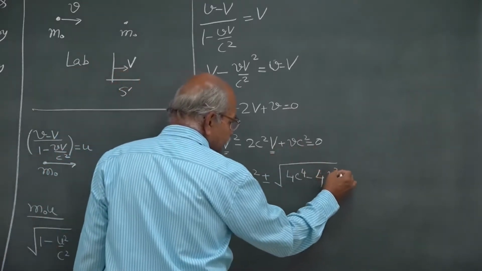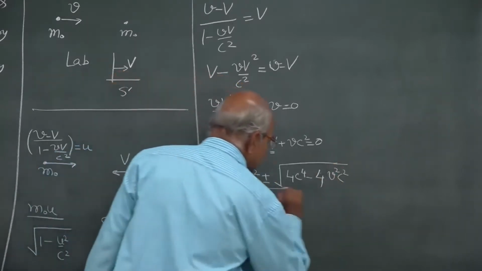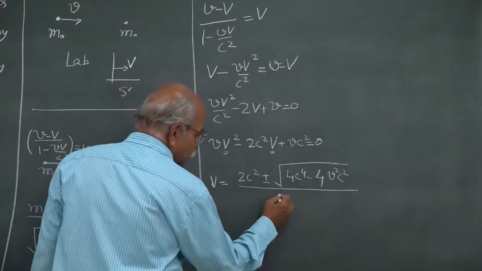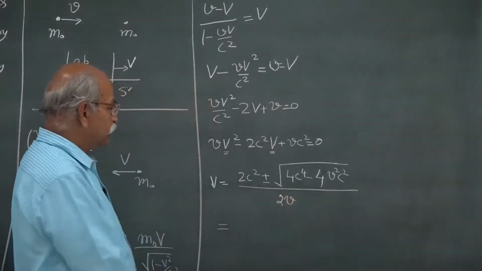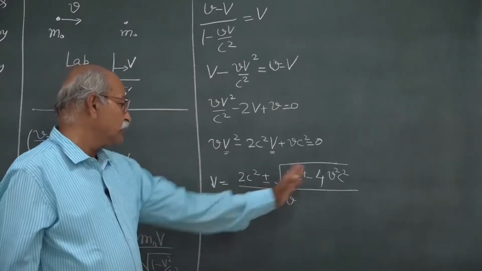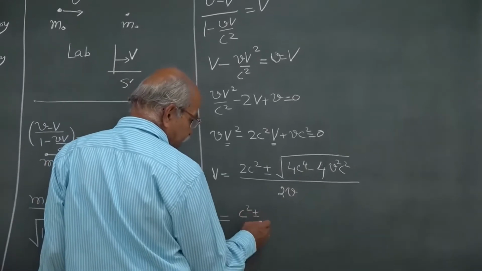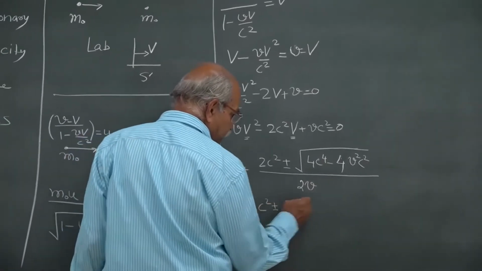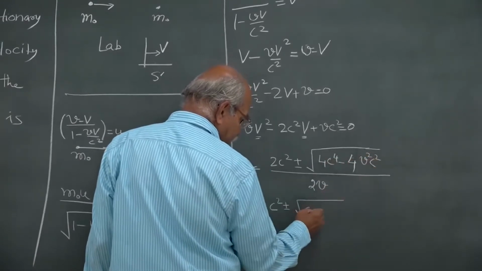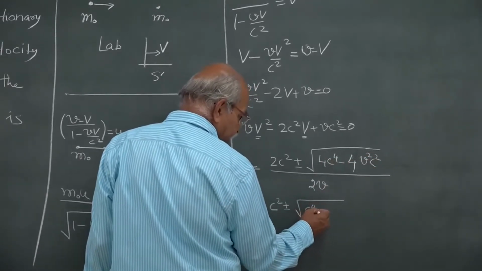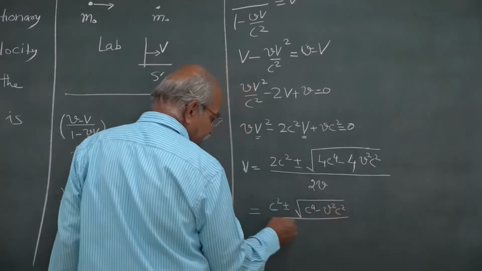So, it is v square c square, and divided by 2a. So, it is 2v. So, first you can cancel this 2 from everywhere and this will be c square and then plus and minus square root of c4 minus v square c square, divided by v.